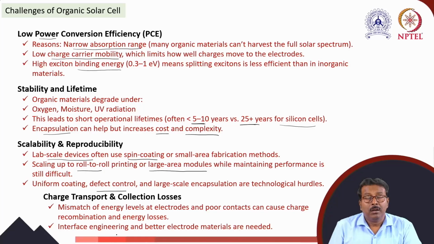The interface cannot obstruct the charge flow, but it can help the carriers flow in a desired direction, or help to dissociate the electrons and holes from the exciton. So this design is very challenging.